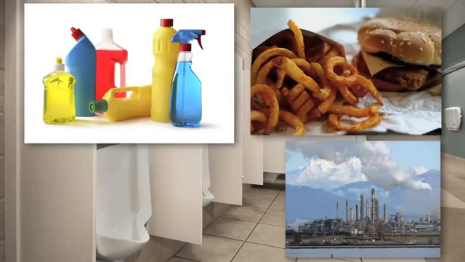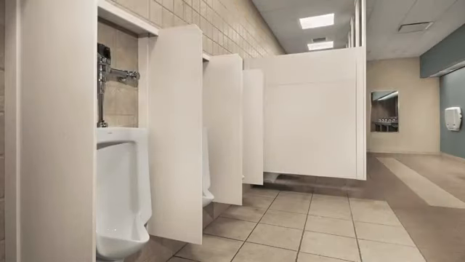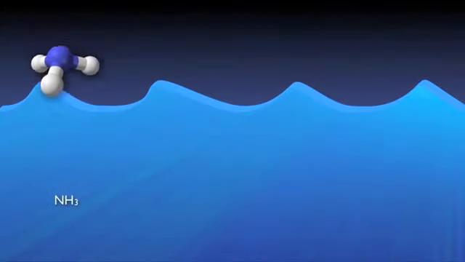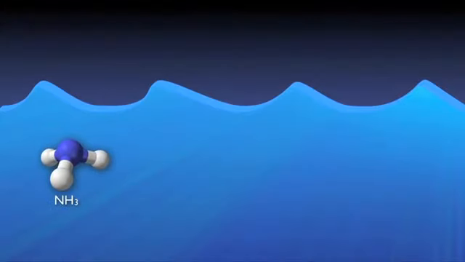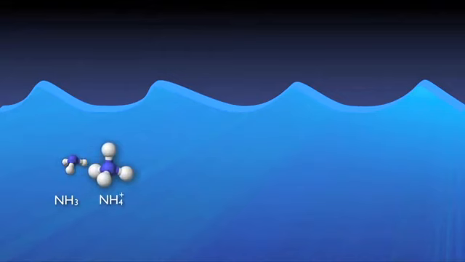In simplistic terms, nitrogen in various forms is flushed, rinsed, or otherwise introduced into the sewer system. Almost all of this organic nitrogen, urea for example, is immediately hydrolyzed into ammonia. In water, gaseous ammonia, NH3, is almost entirely converted to ionized ammonia, or ammonium, NH4+.